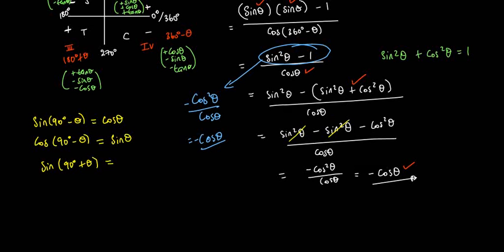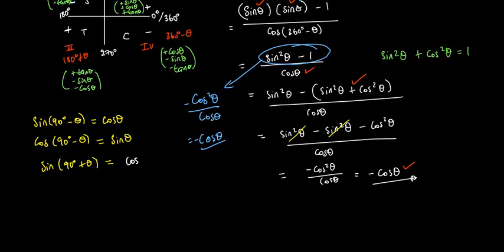I just want you to remember that if you have sine 90 plus, you're just going to change it to cos theta. And if you have cos 90 degrees plus, you're just simply going to change it to sine theta. Now, in terms of the sign, remember I said when you have plus, it could be negative. So in terms of the sign, you are going to verify it and be 100% sure.